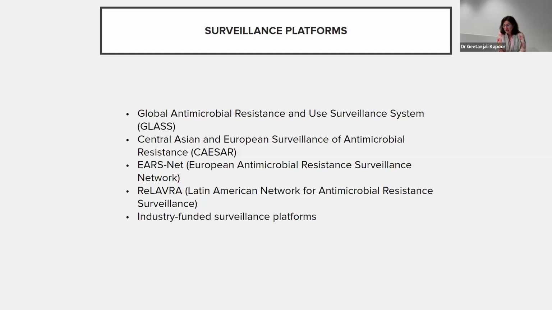So if your country is participating, do remember it's a country which participates in GLASS. It's not a lab alone which can. It goes through a national level. So it also helps you to understand the methodology. So somebody did ask, do we have any surveillance guidance? GLASS does provide these kinds of guidance, so those can be looked into.